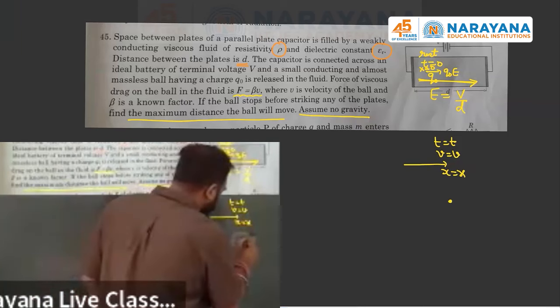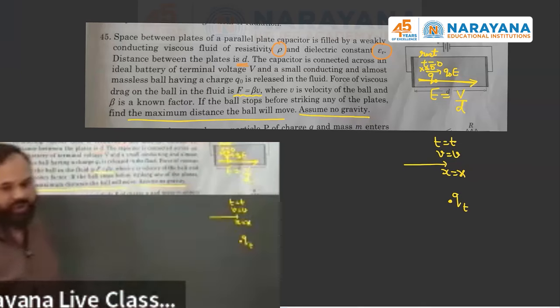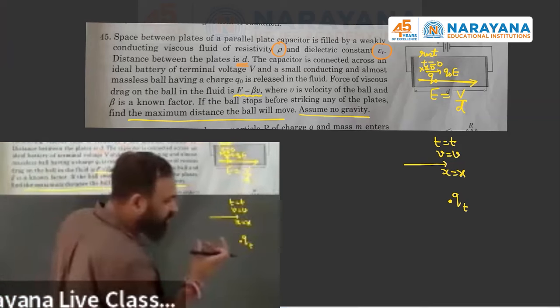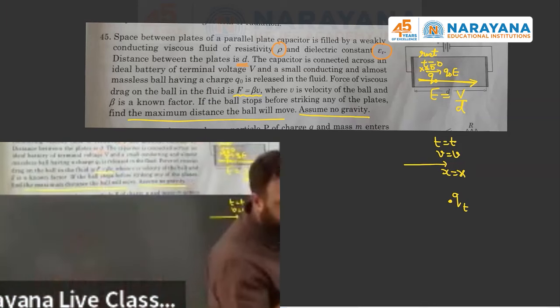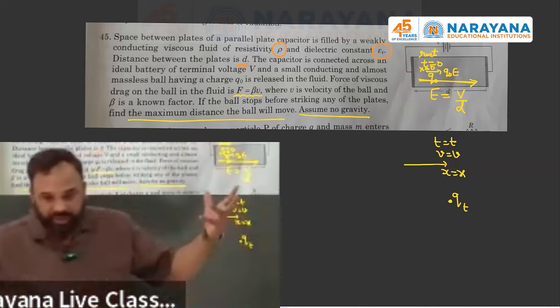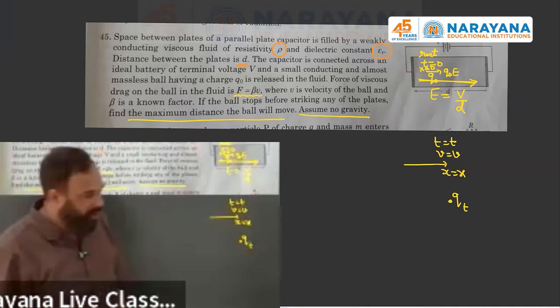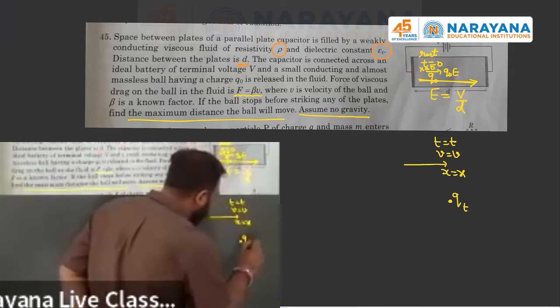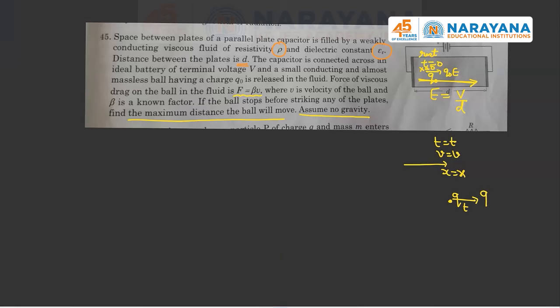Now the good or the bad thing is, this charged particle will have a charge which is also a function of time, because charge will consistently leak from the surface of the conductor, that wall, because of the RC properties of the medium. And if this is the case, then there will be a force q(t) into E. E is V by d, and there will be a drag, which is beta small v.